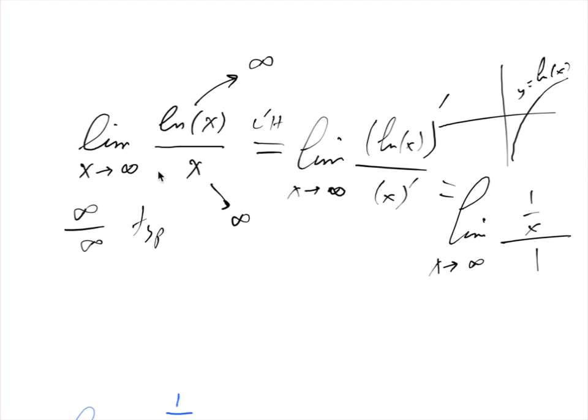So that should be the limit as x tends to infinity, not 0. And then this would be the limit of 1 over x over 1 as x goes to infinity. The numerator goes to 0 because when the denominator x gets bigger and bigger, dividing by bigger and bigger numbers, the number gets smaller and smaller. So the answer is 0 over 1, which is just 0. So ln of x over x as x tends to infinity tends to 0.